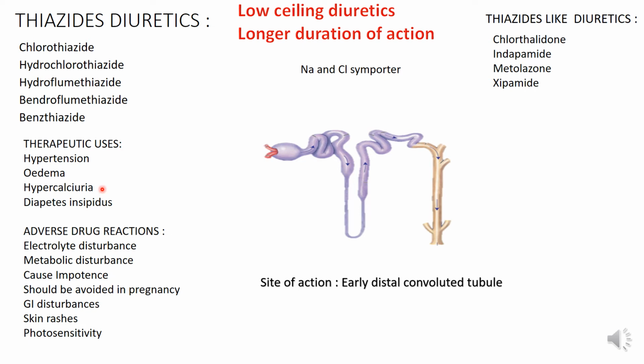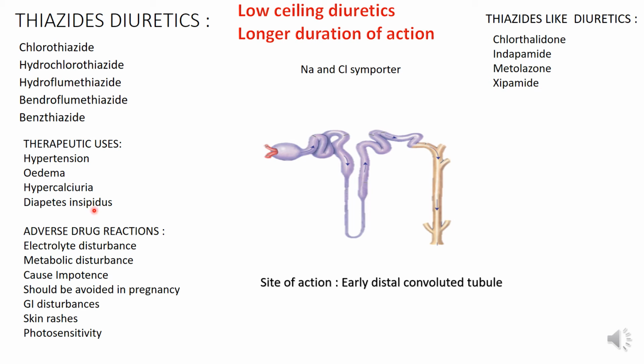Now, it is used to treat hypertension and edema. Why? Because it excretes sodium. When there is excretion of sodium and decreased volume, it treats hypertension. Edema is when there is fluid retention in the interstitial space. As thiazide excretes more water, it is used to treat edema.